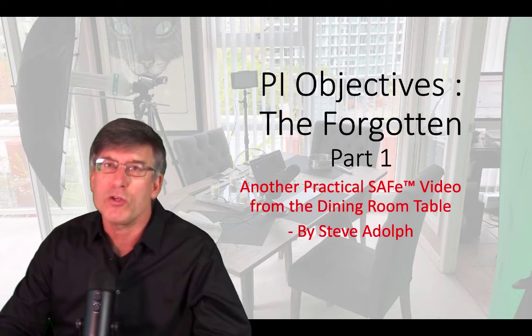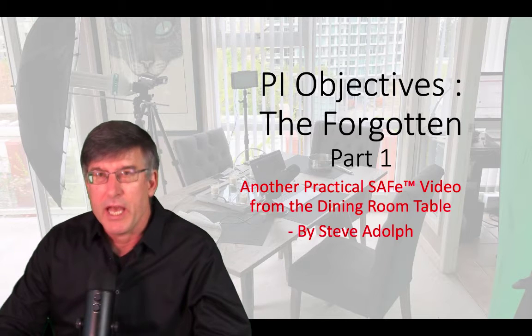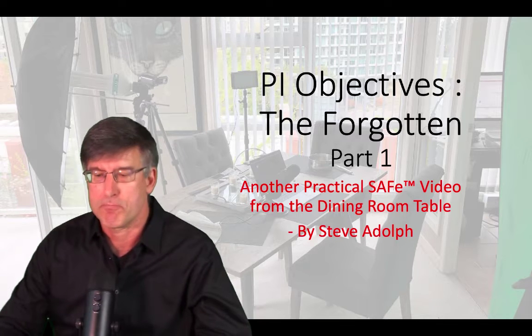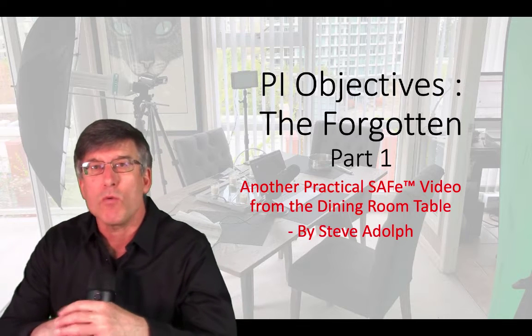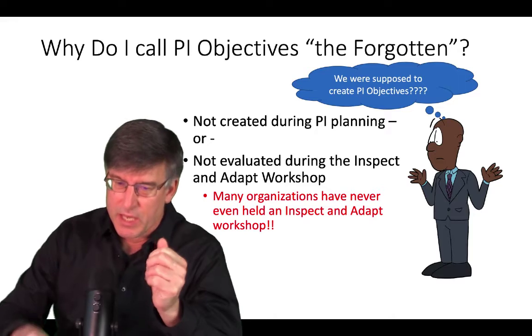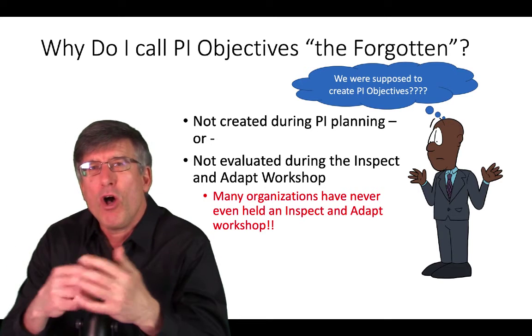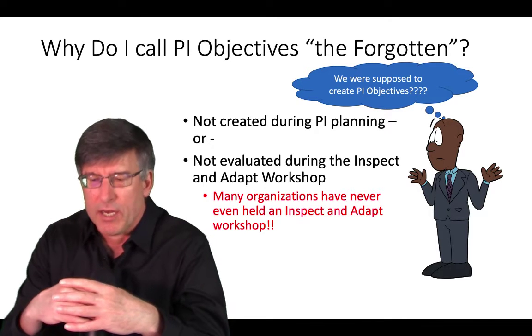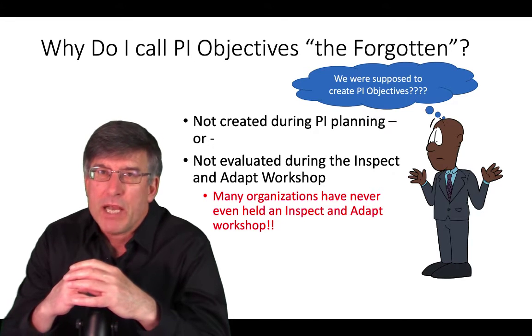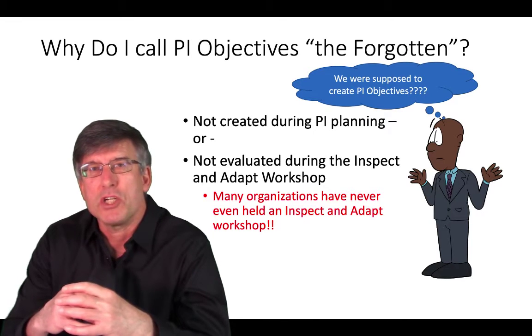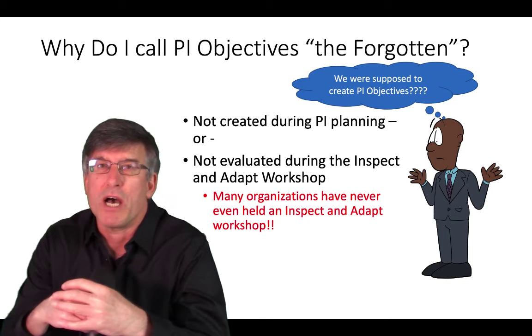I hope you're all doing absolutely fantastic, and today's installment is PI objectives, the forgotten. This is part 1 of 2. Now, why do I call PI objectives the forgotten? Well, for the simple reason that in my experience, many organizations actually do not use the PI objectives.